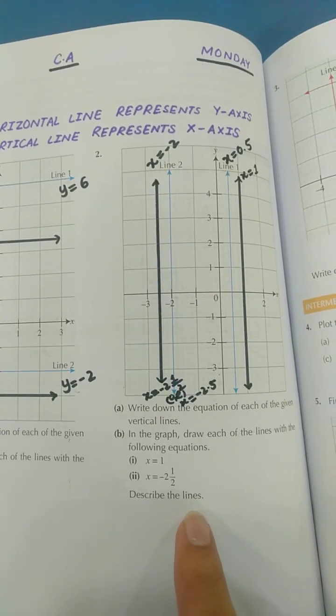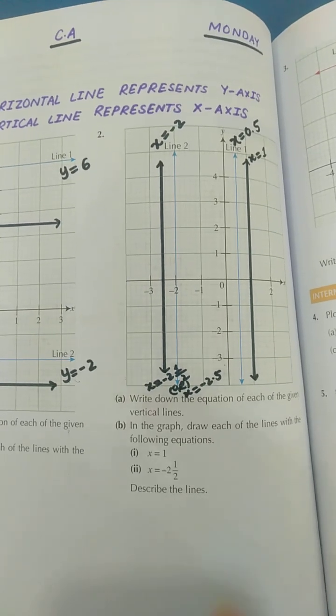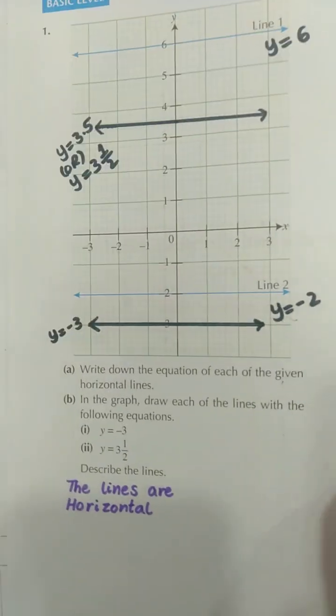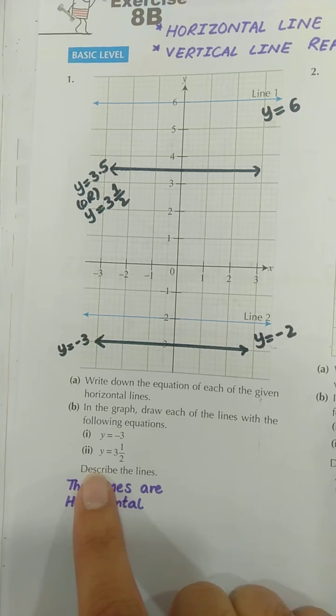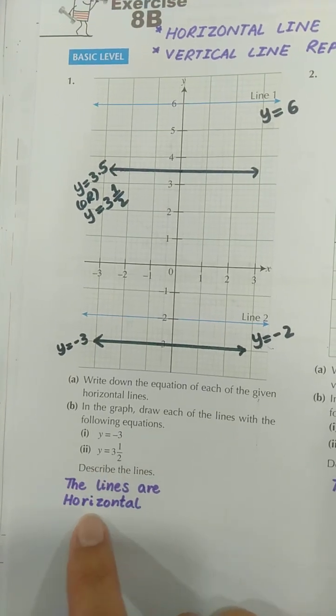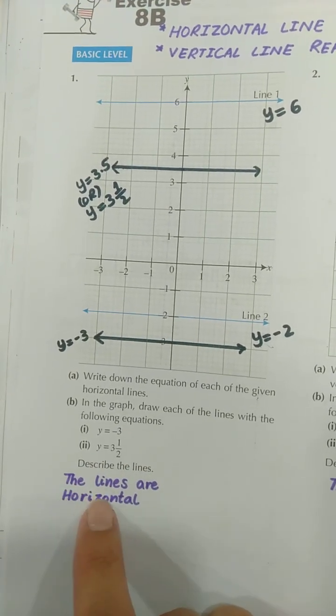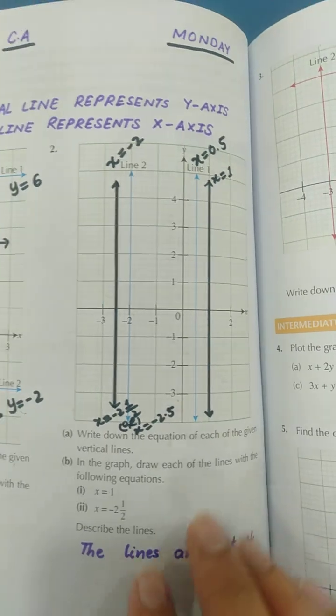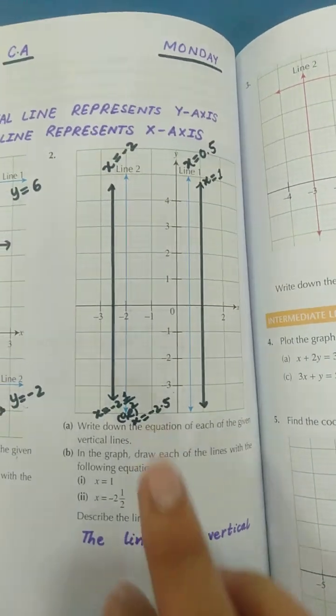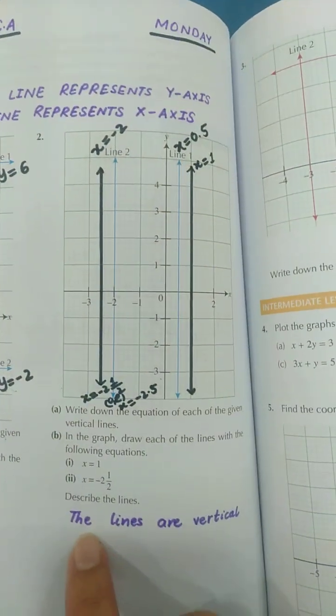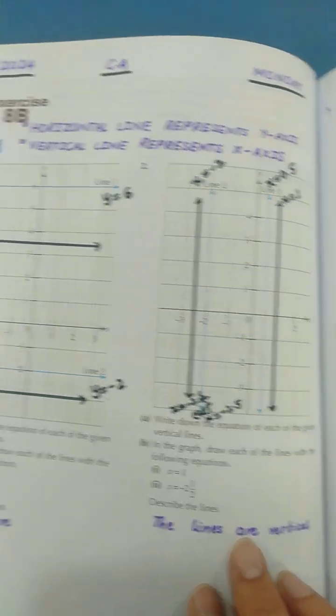Just in the description we have to show the pattern of the lines. I wrote both of the answers for this. As you can see, describe the lines. The pattern of the lines is horizontal, so we write the lines are horizontal, and in question number 2 we can see the pattern of the lines is vertical, so the answer is the lines are vertical.